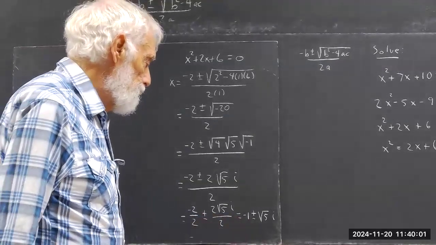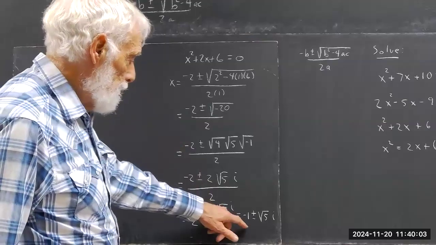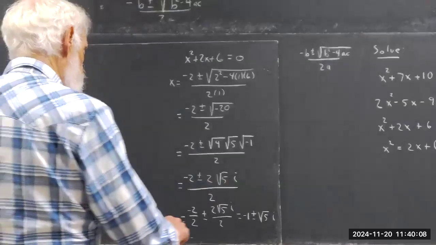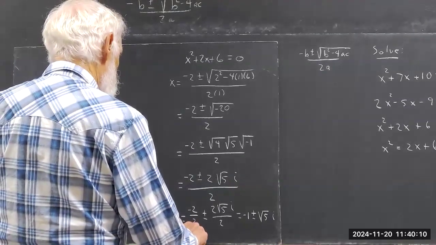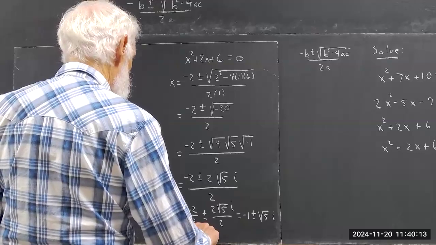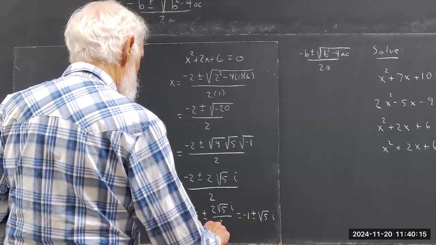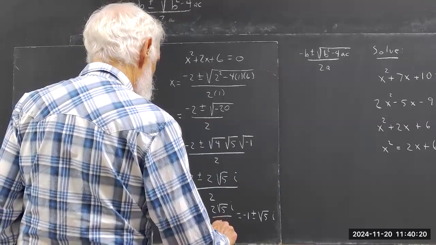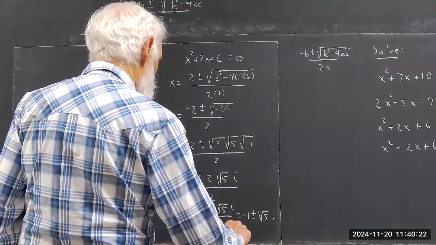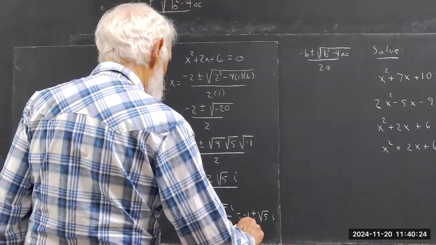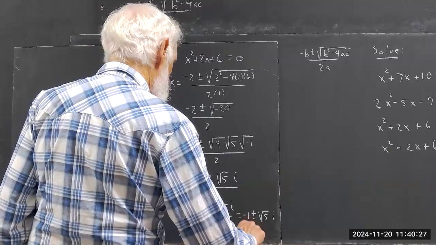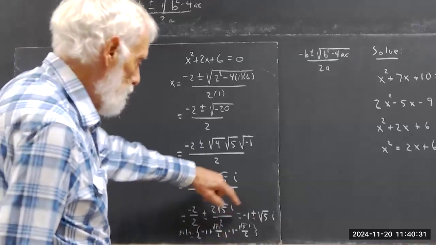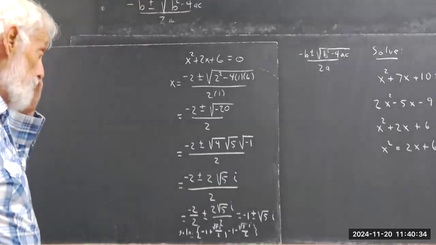So it's worth seeing that. Your solution set would then be this with a plus and this with a minus. I don't really have room to write it out, but I'll do that anyway. Then I think you can see what I would write.